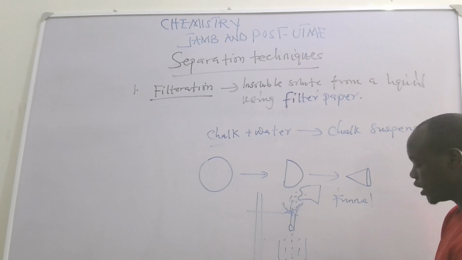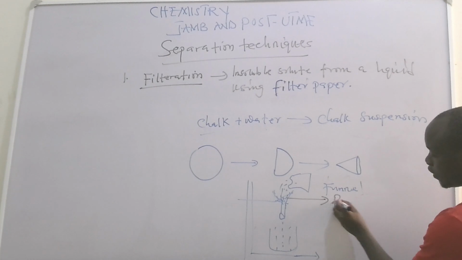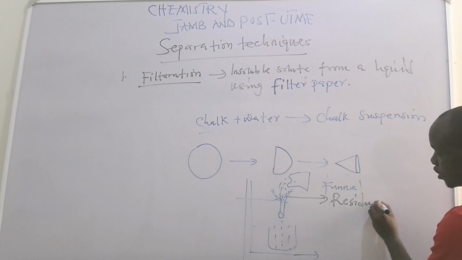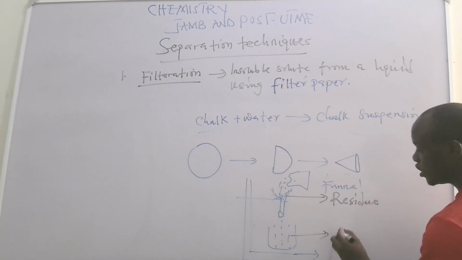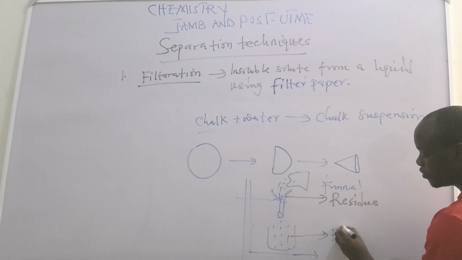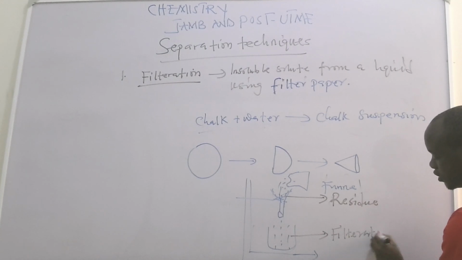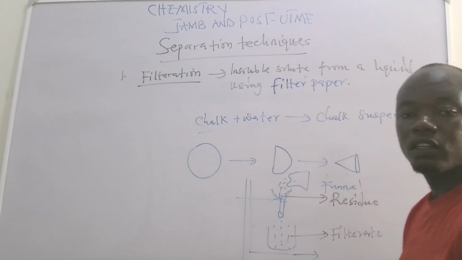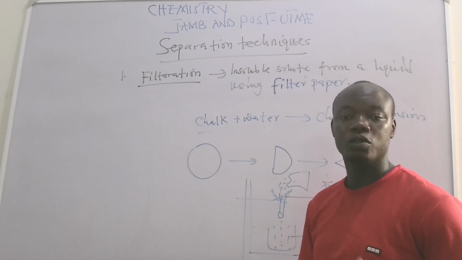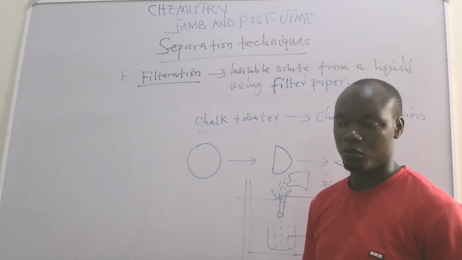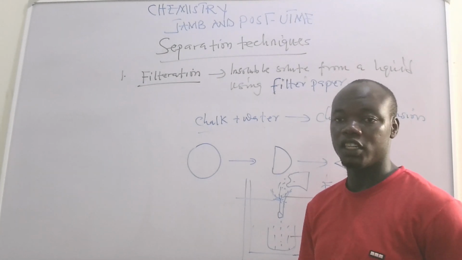The chalk that remains on the filter paper is called the residue, while the water that passes through the funnel is called the filtrate. One application of filtration is in the treatment of pond water supply. So that is filtration, and it has so many applications.